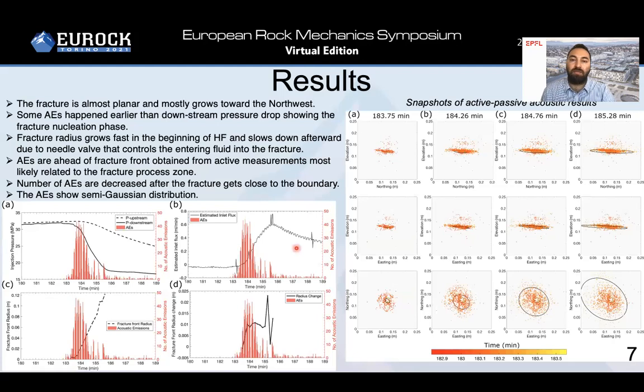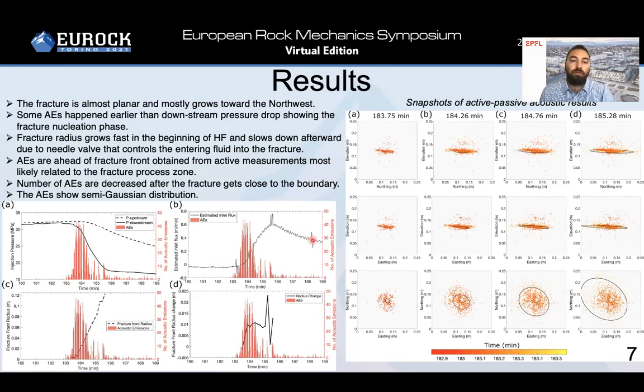Combining the active and passive results, we observed that the fracture was planar and growing almost horizontally. The number of acoustic emissions rose when the downstream pressure dropped, which was the sign of fluid entering the fracture. Of course, there are some acoustic emissions that occur before the main drop of downstream pressure, as precursors to nucleation.